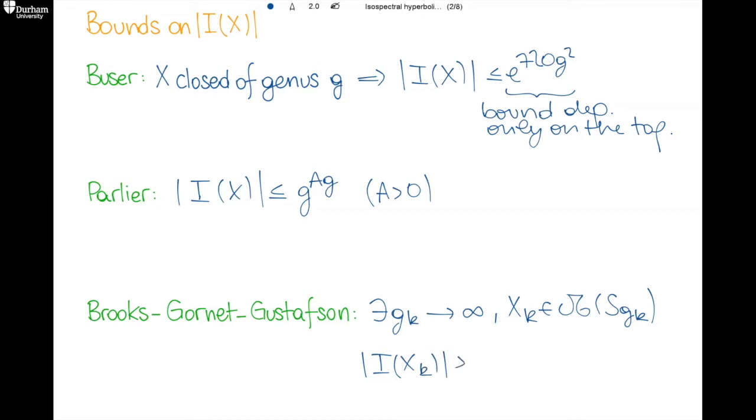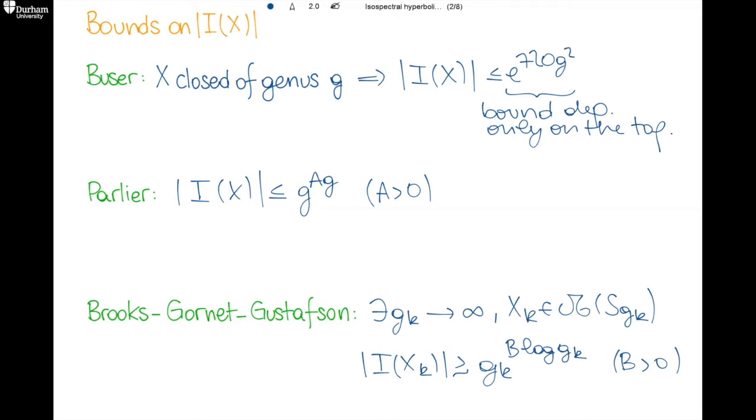It has size of the form g_k to the power B log g_k for some fixed positive B. So this means there's no global upper bound that does not depend on the topology.